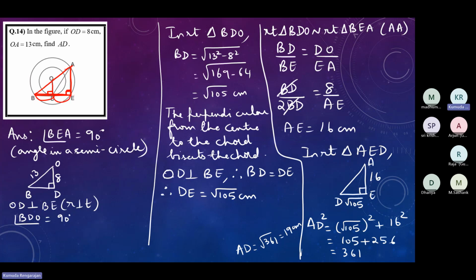Now, the idea is to find AD using the right triangle ADE. So we need to find DE, we need to find AE. Then we can use Pythagoras theorem and find AD. AE we found using similarity, or you can find using the midpoint theorem. But before that, you'll have to find BD using Pythagoras theorem.